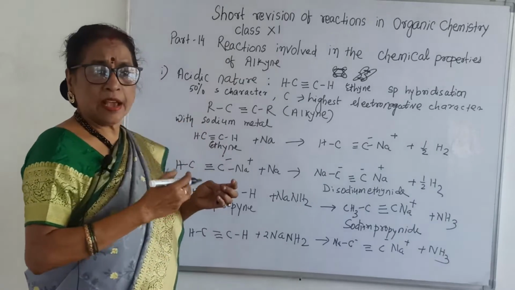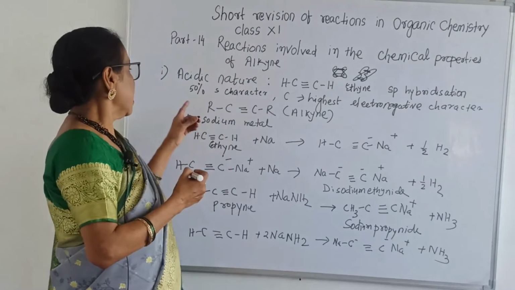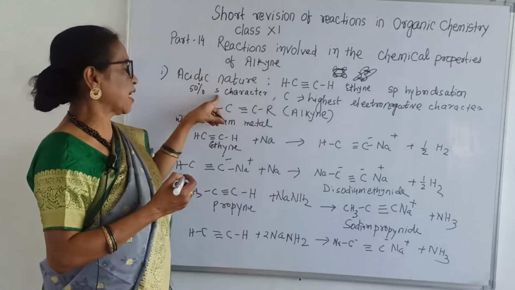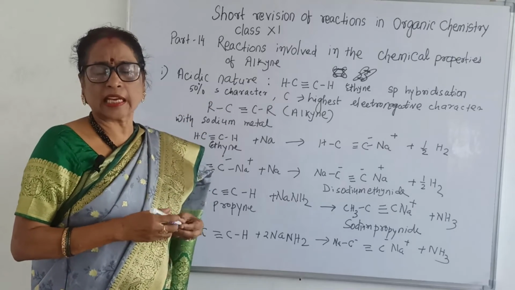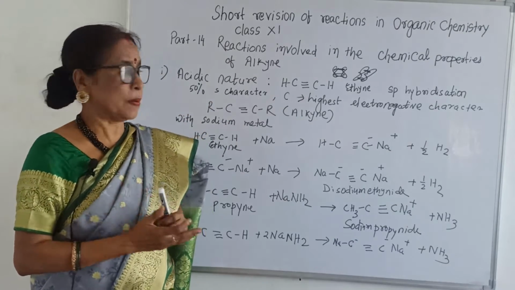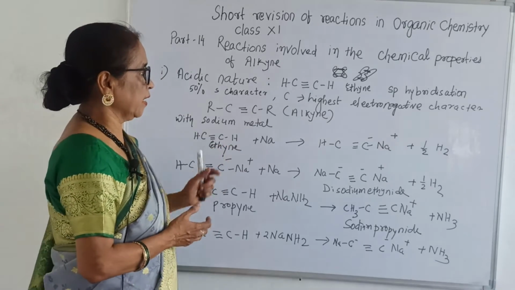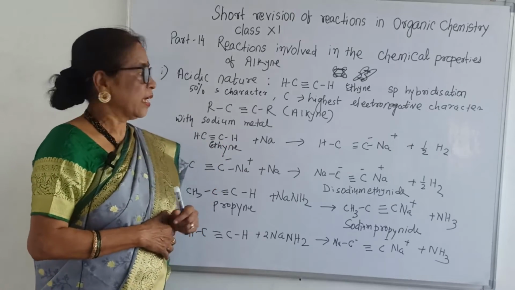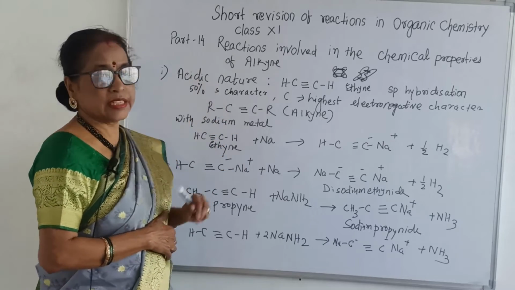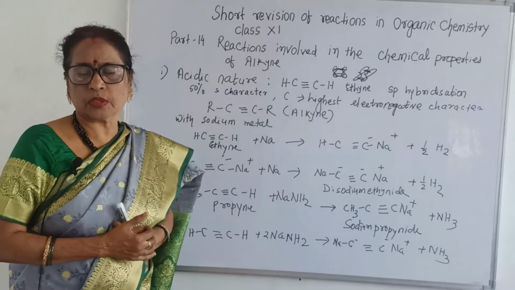And you can see when sp hybridization takes place, the s character is 50% and the p character is 50%, so carbon is the most electronegative here. That is why it shows acidic nature. Alkyne always shows acidic nature.